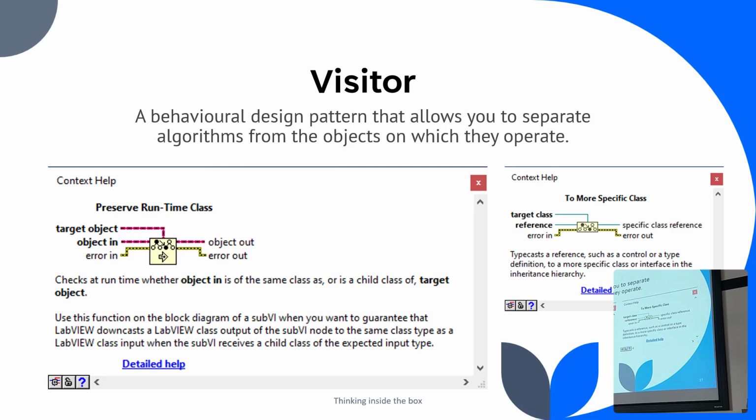Preserve runtime class, to more specific class. I think it should be working. Or keep. The thing is, it should just be called preserve object. And I think that would make more sense than preserve runtime class.